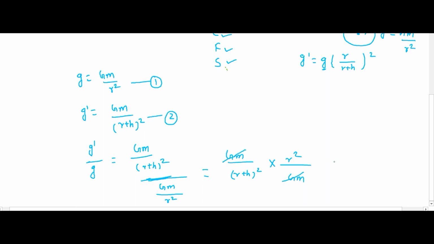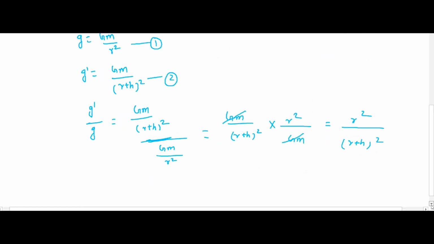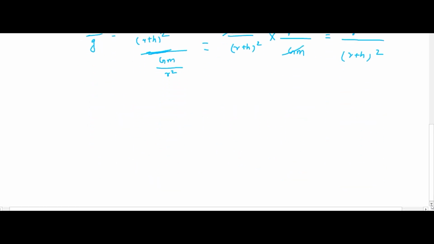So this GM cancels, and it becomes r square by (r plus h) whole square. So finally it becomes g dash equal to g into (r by r plus h) whole square.